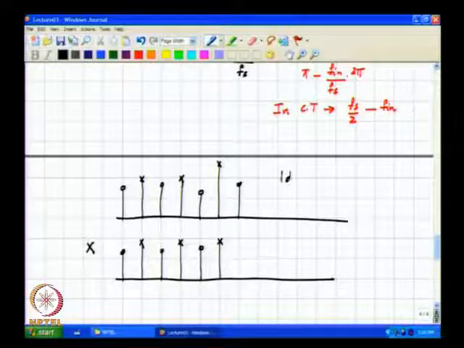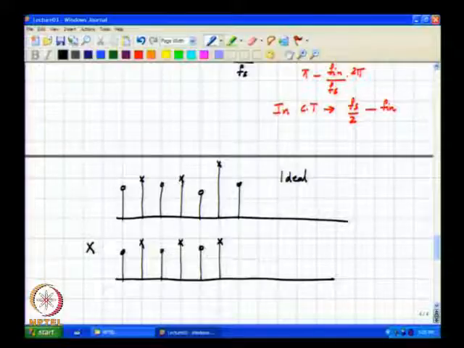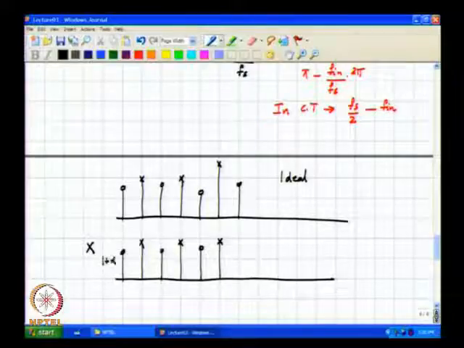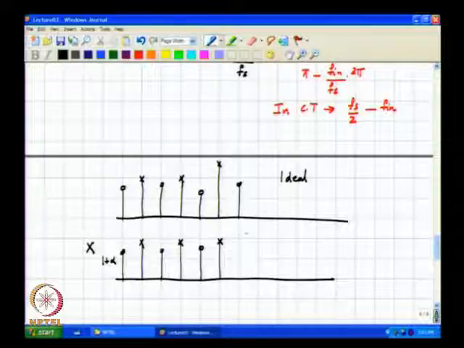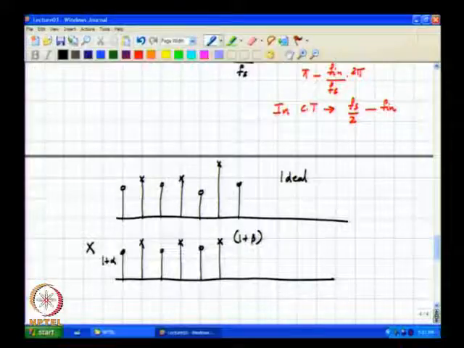This is the ideal output. The actual output can be thought of as taking the ideal output and multiplying it by a sequence where the even samples are 1 plus alpha and the odd samples are 1 plus beta, correct. And just now we said that this kind of sequence, what is the spectral content?